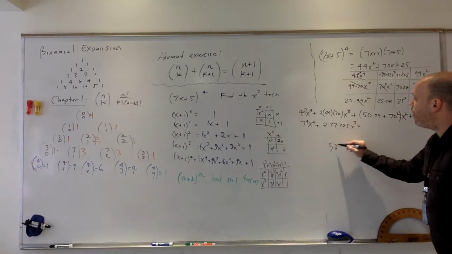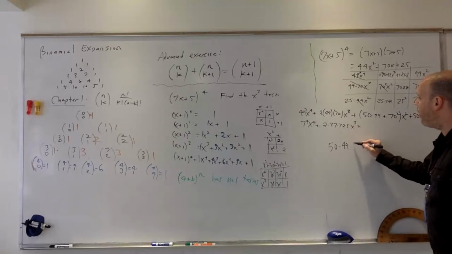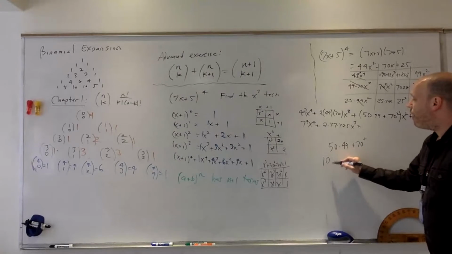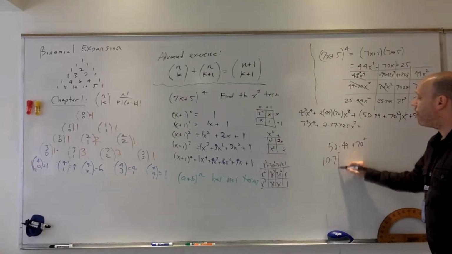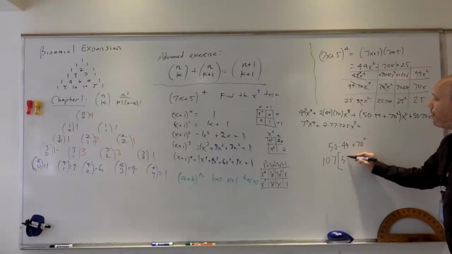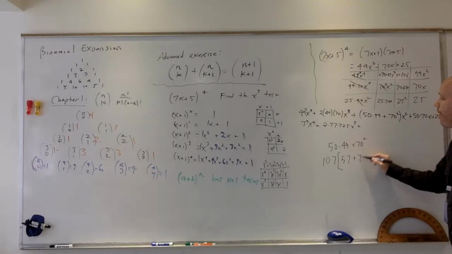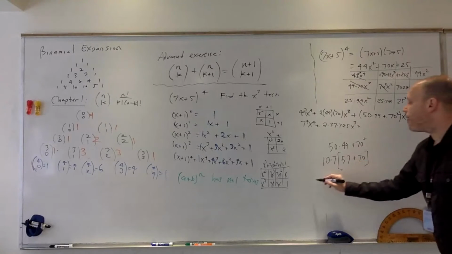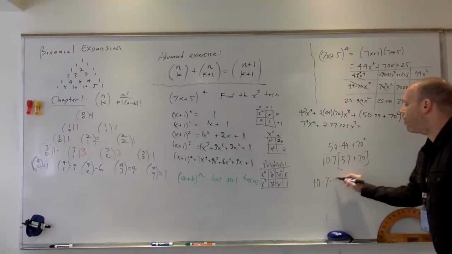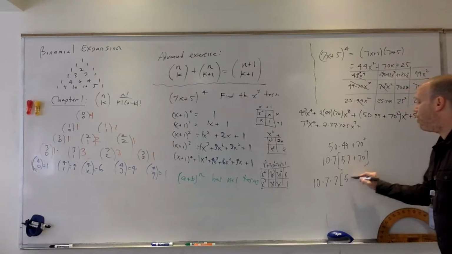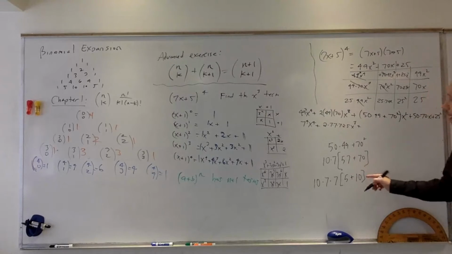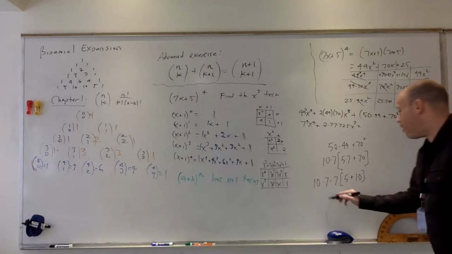ready? Let's see, 49 plus 70 squared. I'm going to pull out a 10, and I'm going to pull out a 7. So I have 5, 7 plus 70. Then I'm going to pull out another 7. And then I'm going to pull out another 5.